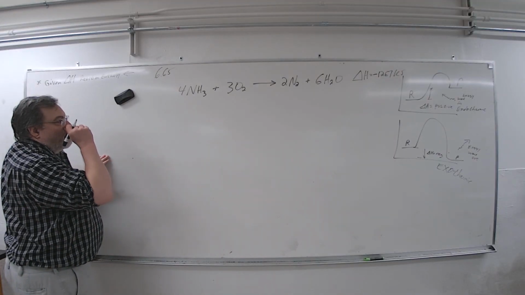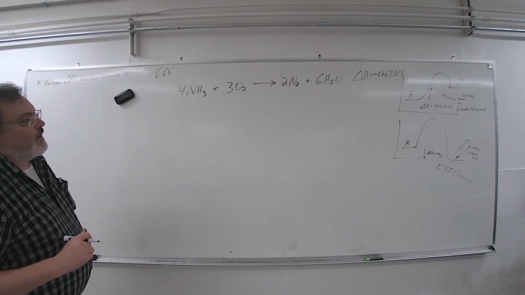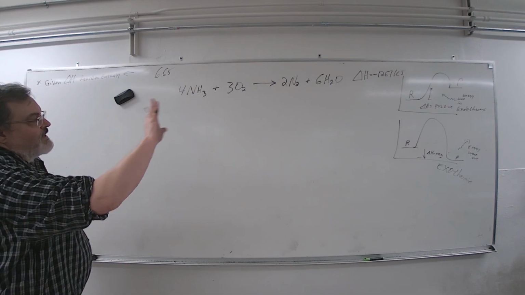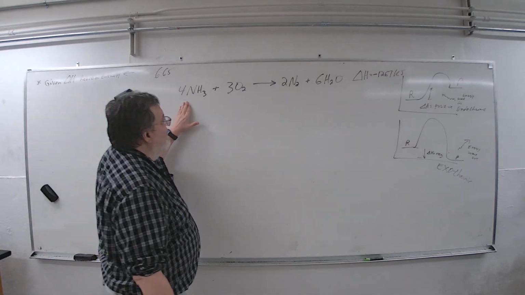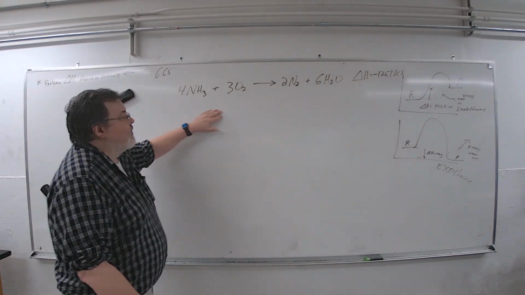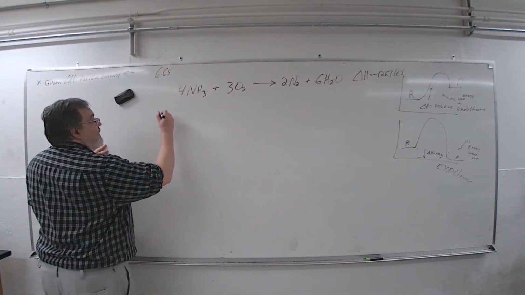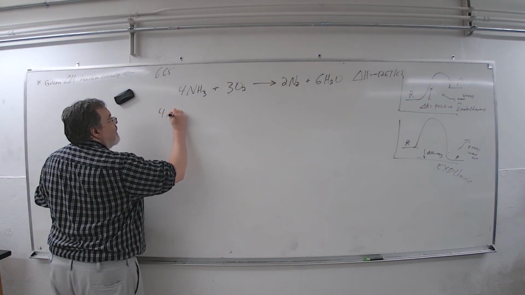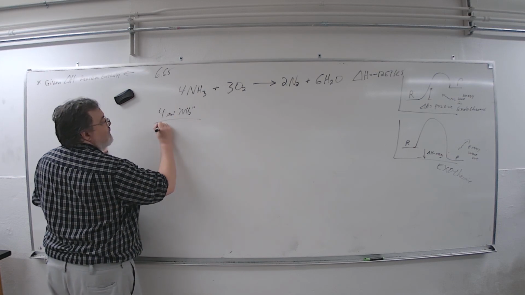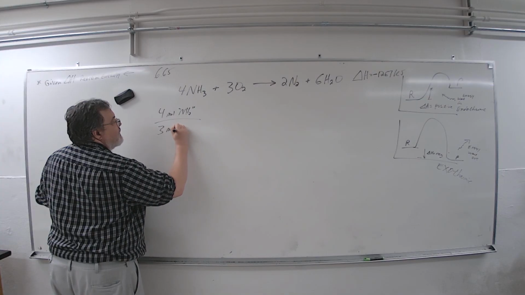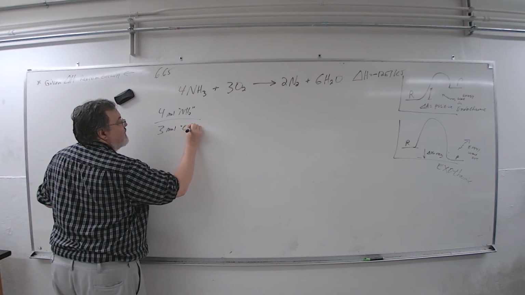Earlier in the semester, assume that delta H isn't over there. I know I told you that what you're seeing here is a summary form of a bunch of different relationships. One of them is 4 moles of NH3 to 3 moles of O2.